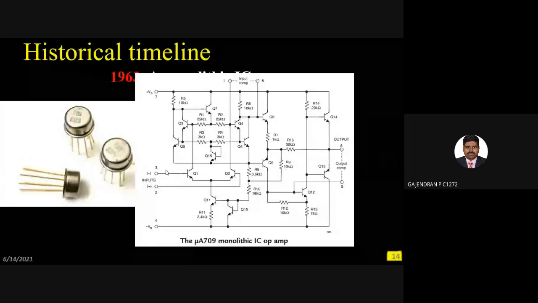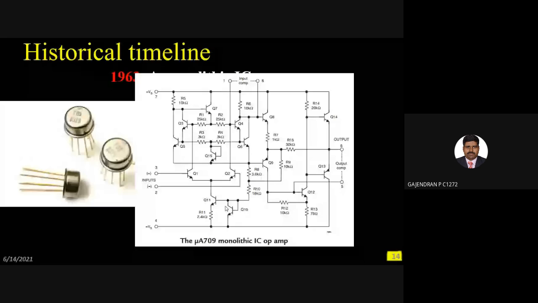See, as we go with advances, more modules are integrated inside the op-amp. Everything is improving year by year. So this is the internal structure of the μA709 monolithic IC op-amp. You can see many transistors and other elements, everything integrated inside to form this monolithic IC.